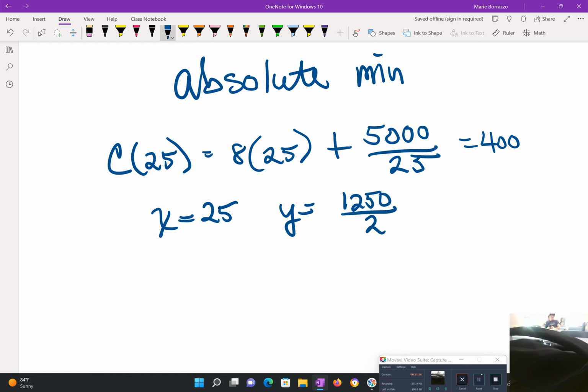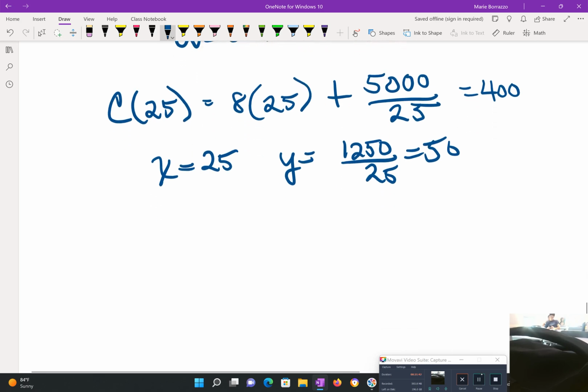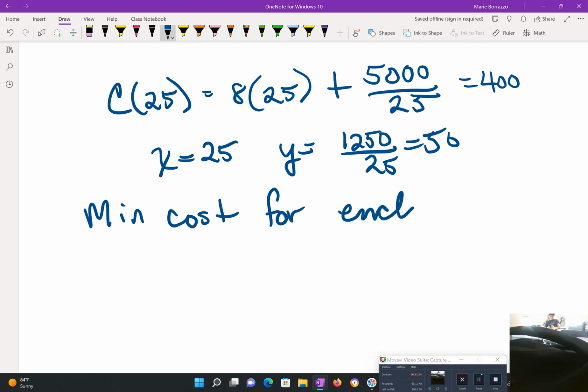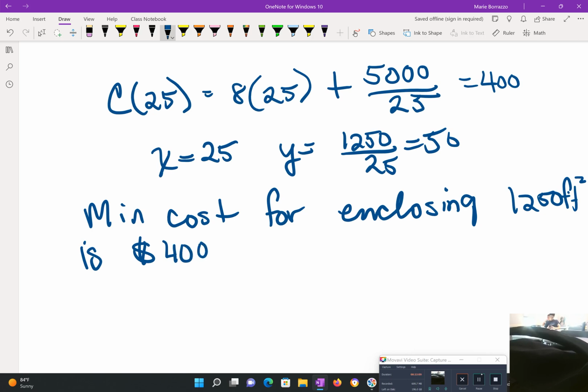We're dividing that by 25, which is 50. And so that means that the minimum cost for enclosing an area of 1,250 square feet is $400, given dimensions.